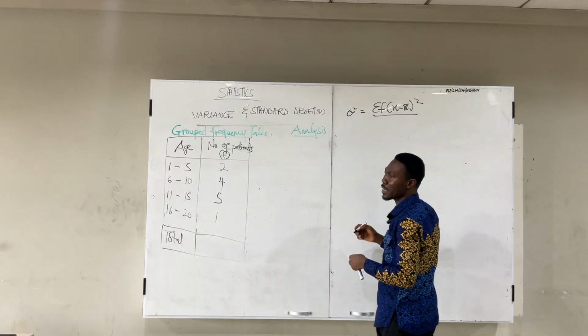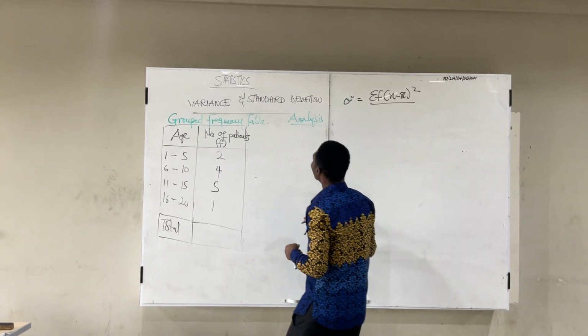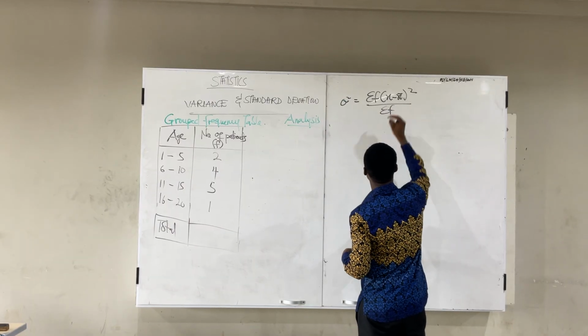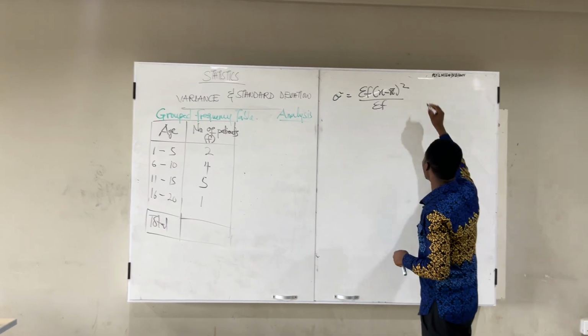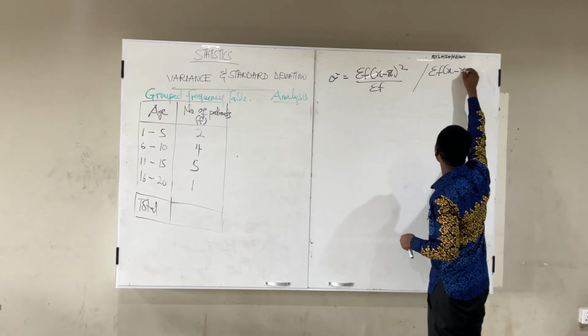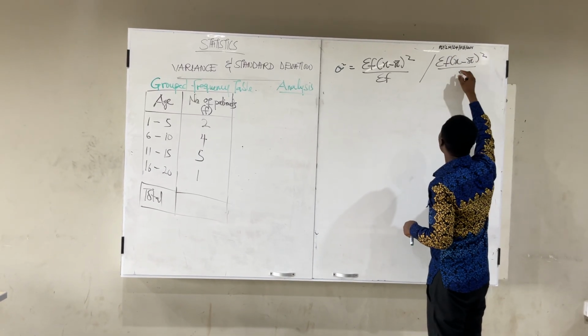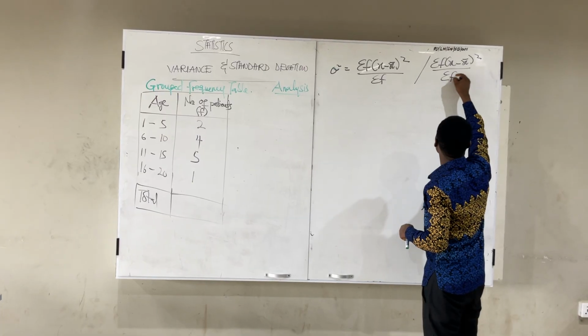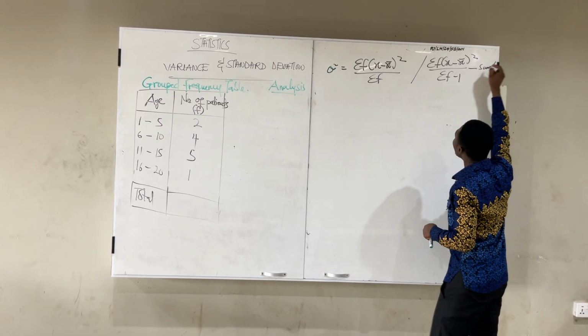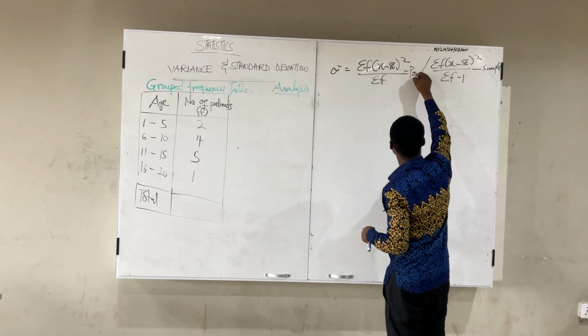Let's assume this is population data. If it was sample data, then we use the sum of f into bracket x minus the mean squared, all over sum of f minus 1. This one is for sample, and this one is for population.